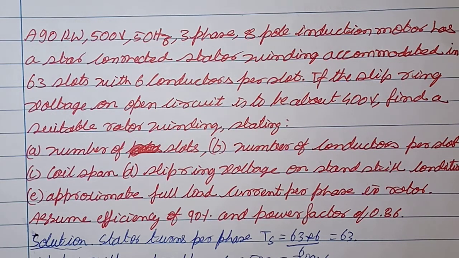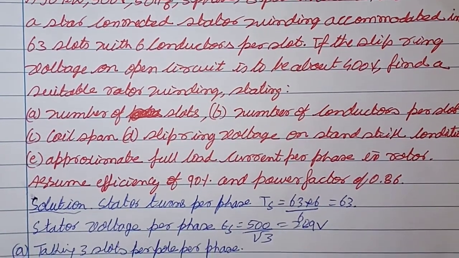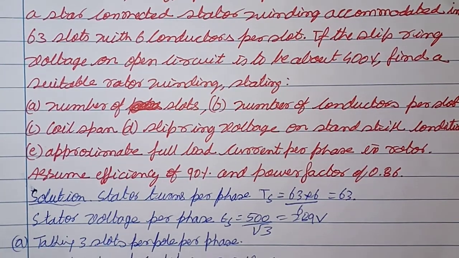If the slip ring voltage on open circuit is about 400 volt, find a suitable rotor winding stating number of slots, number of conductors per slot, coil span, slip ring voltage on standstill condition, and approximate full load current per phase in rotor. Okay, so assume efficiency of 90% and power factor of 0.86. So solution: stator turns per phase is equal to T_S, which is 63 into 6 by 6, so 63.